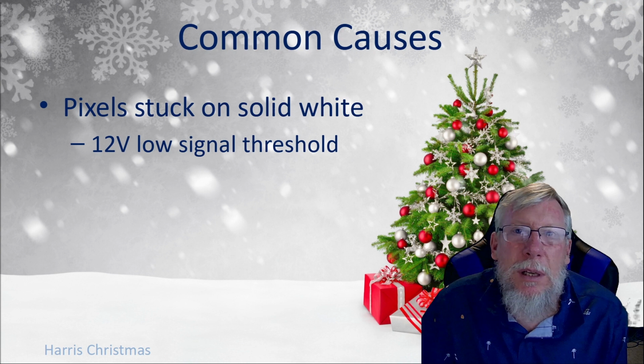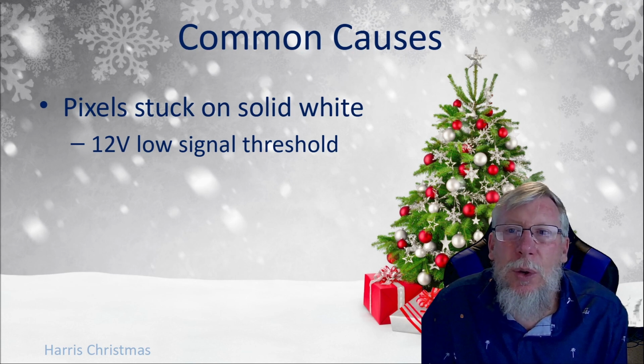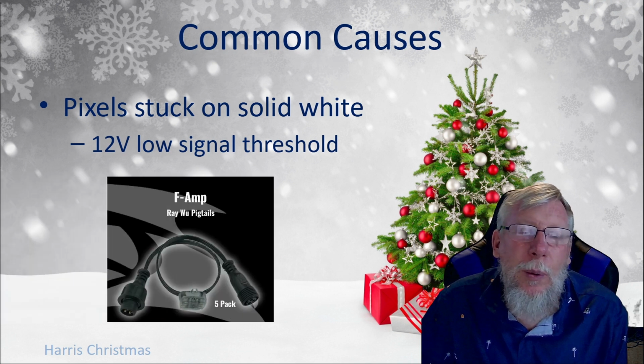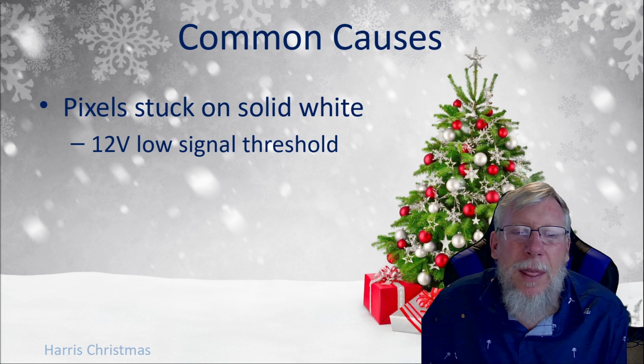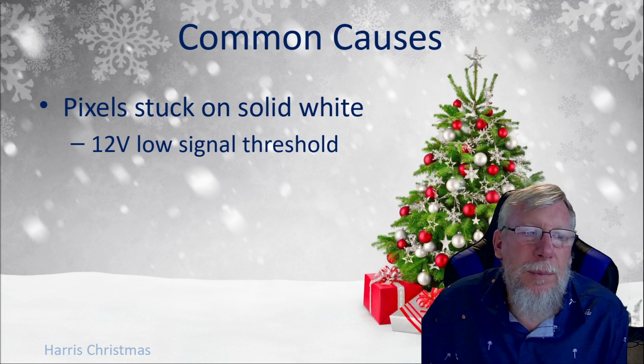So when your sequence flashes all white, that voltage rises in the ground wire and you can't get a signal through it. And so they won't turn off. And the only way is to power cycle the controller. And the only fix for that is typically an F-amp might work, or you've got to beef up your ground wire somehow. But that's not that common of an issue.